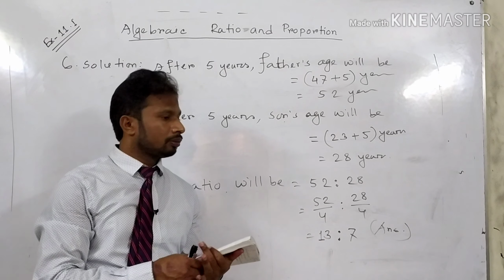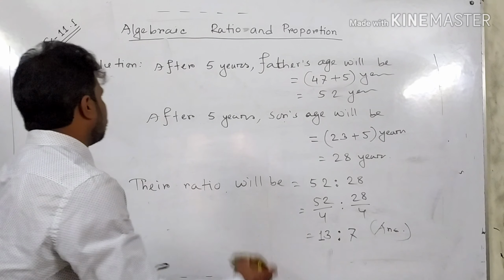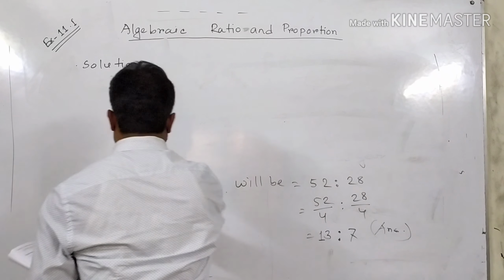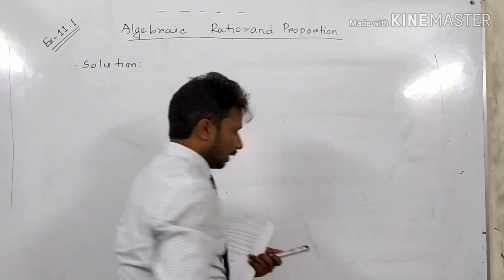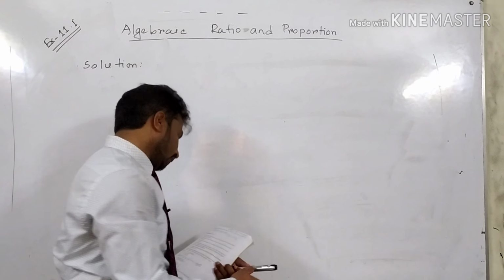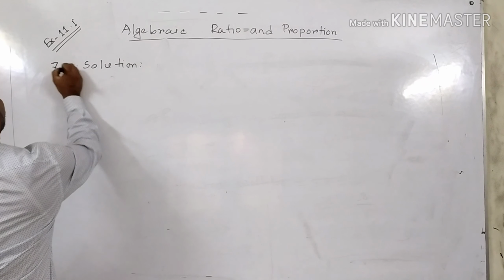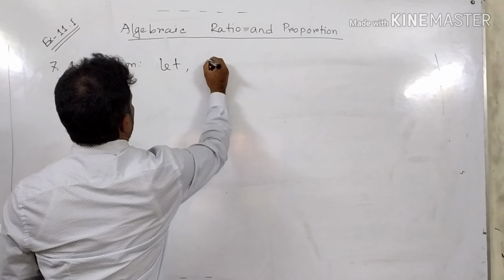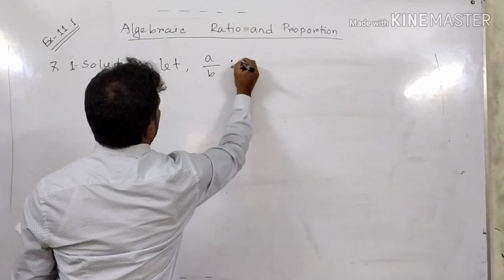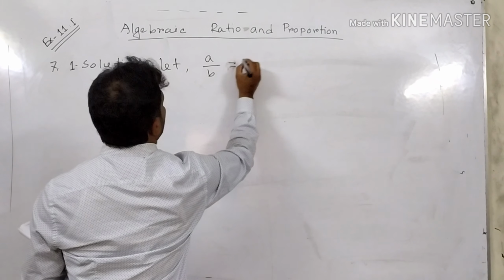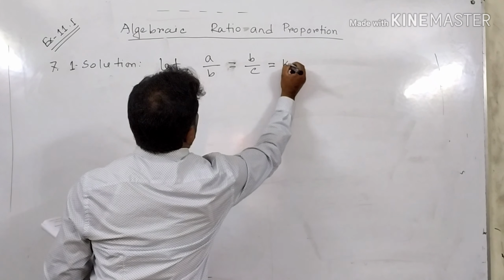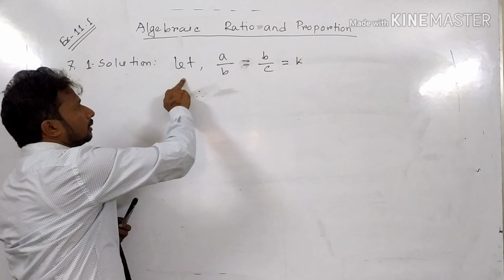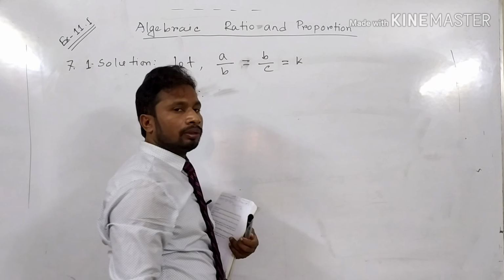From number 7 we have to follow a rule. In the question you can see they have written A is to B equal to B is to C. You have to consider, let A by B equal to B by C equal to K, where K is a constant.